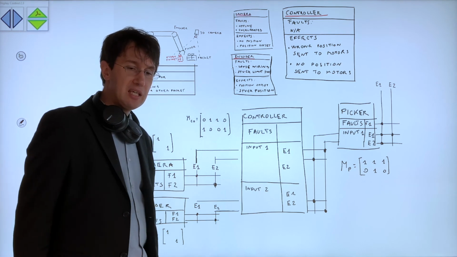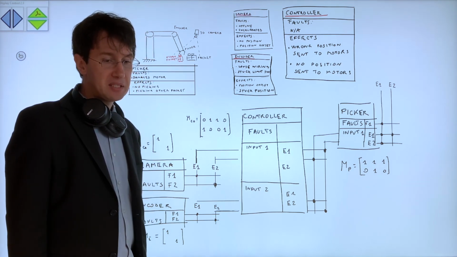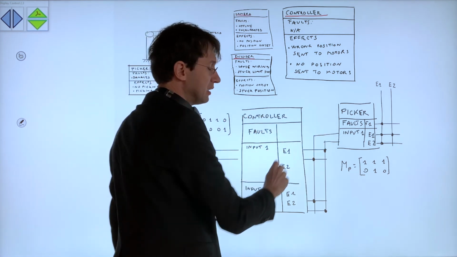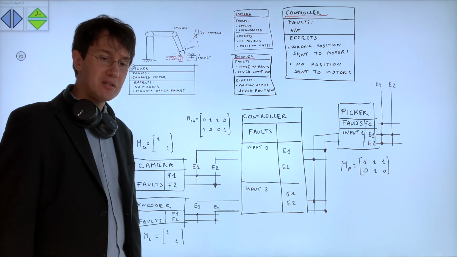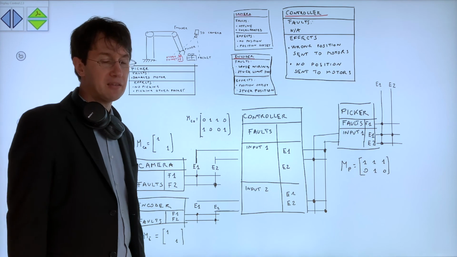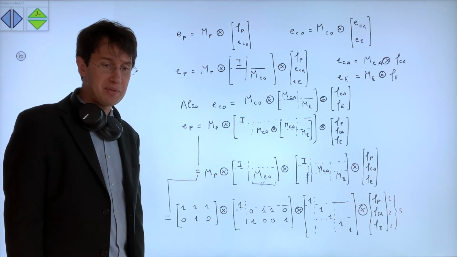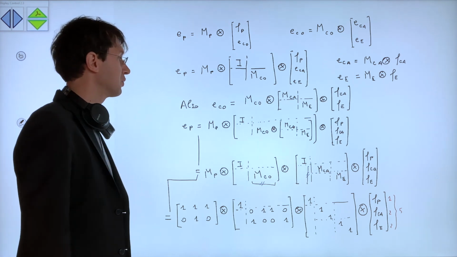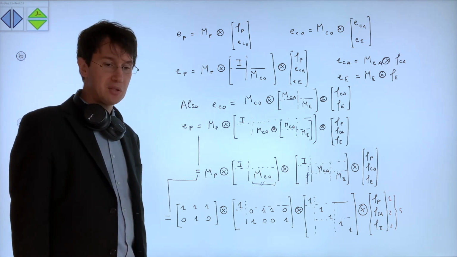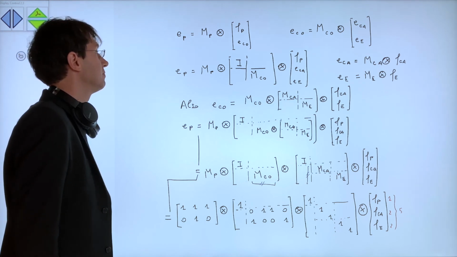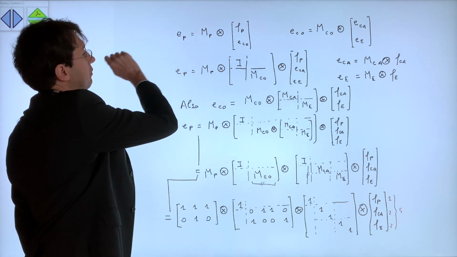Now, the tedious but simple job is to take these matrices, do the computations, do the substitutions, and get a final expression. The computations are a bit lengthy, so I will not go through every one of them. You will see them in the slides, but basically you start at the higher level with the picker.